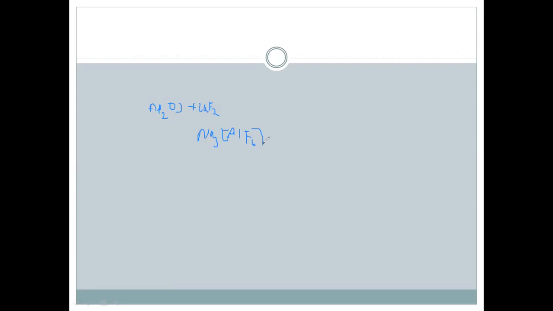See, Al2O3 melting point is around 900 degrees Celsius, but when CaF2 or Na3AlF6 is used, the melting point is reduced to 600. And again, pure Al2O3 is not a good conductor of electricity. But when mixed with the cryolite or the CaF2, they start conducting. So this is another use of it.